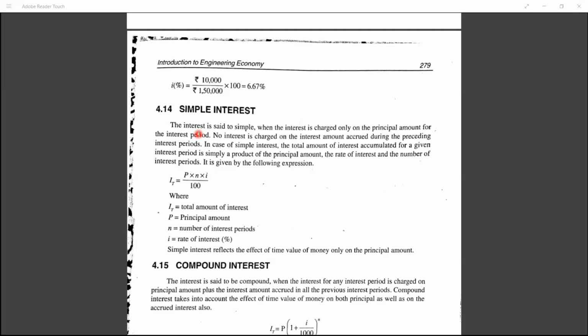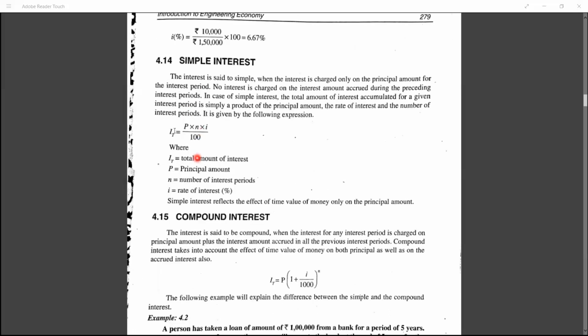If you decide on 5 years, note that interest is always calculated in years, not in months. So the formula for this is P into N into I divided by 100.